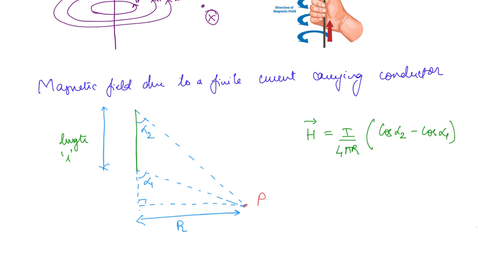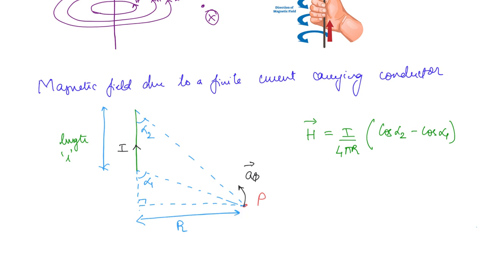And what is the direction here? See, the direction will depend on the current direction. So if the current direction is upwards, okay, then you can take the tangential direction, which will be A phi bar, okay. But if the current direction is, say, downwards, then what will be the direction of the magnetic field at this point? If you see from the upward direction, it is going to be in the clockwise sense.